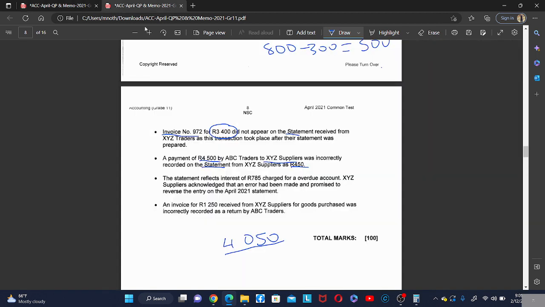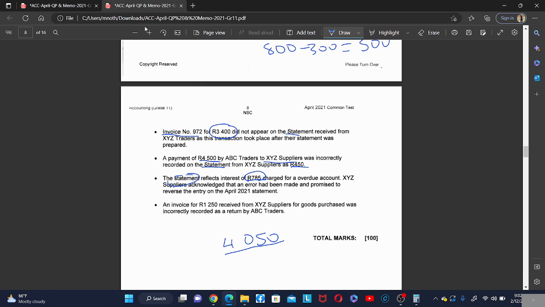The statement reflects interest of 785 charged for an overdue account. XYZ suppliers acknowledged that an error had been made and promised to reverse the entry in April 2021. So they charged us interest on the statement, meaning that the money that we are owing them increased.